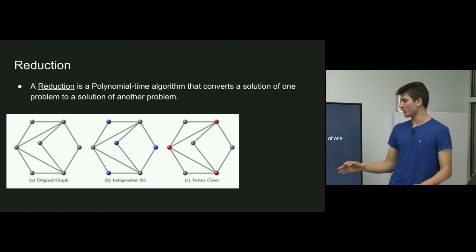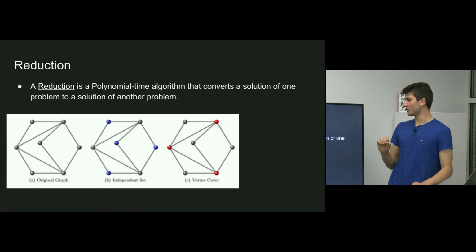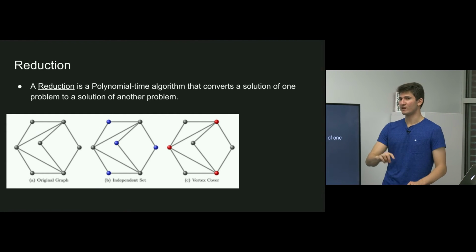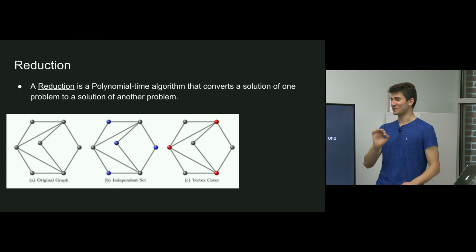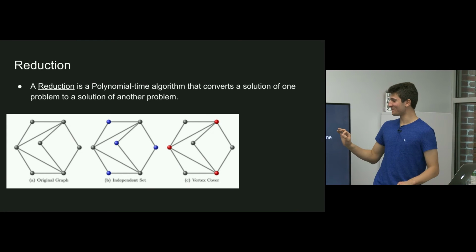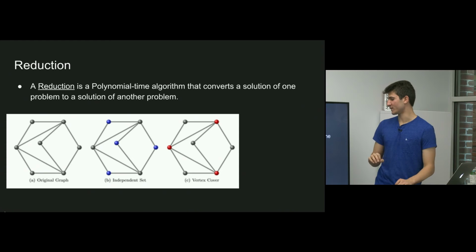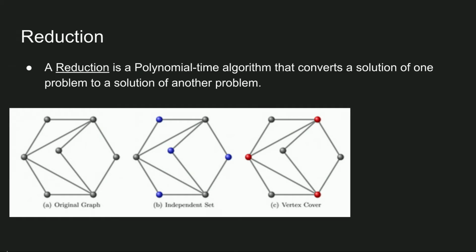These have the property that every edge is touched by one of them. I don't know if I'm explaining that correctly, but every edge is touched by a vertex in the vertex cover, and in this case you can hopefully see that. And so we just created, out of nothingness, a solution to vertex cover from a solution to independent set.